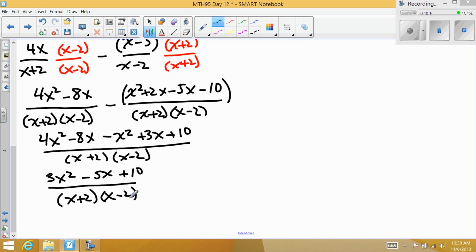I'm going to take just a moment and think about whether or not this will factor in my numerator. 3 times 10 is 30. Factors of 30 would be 1 and 30, 2 and 15, 3 and 10. I'm not thinking of anything that's going to have a sum of negative 5 here. So I believe I've got that one done.